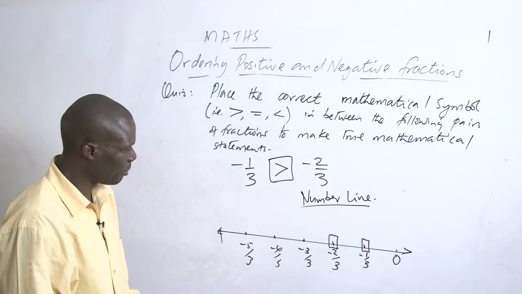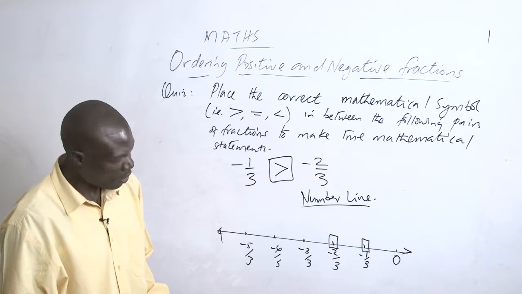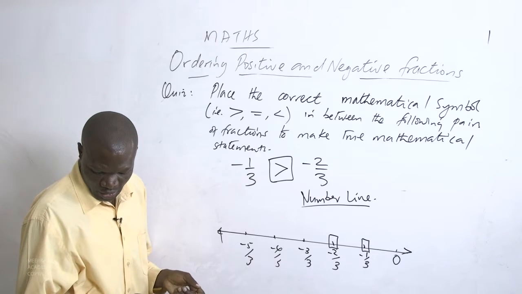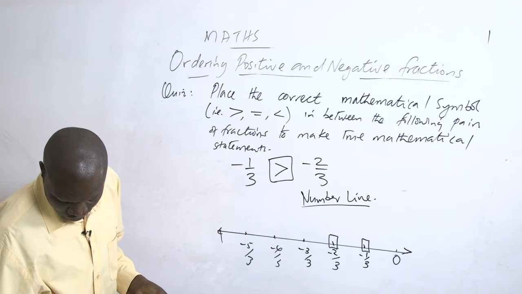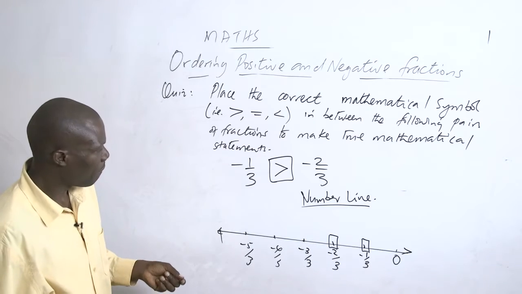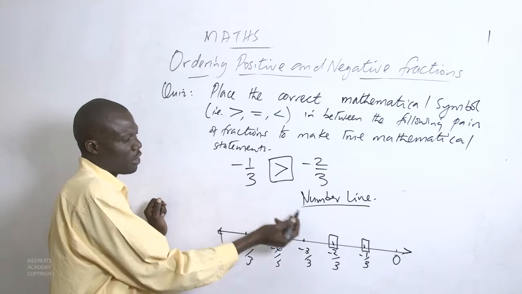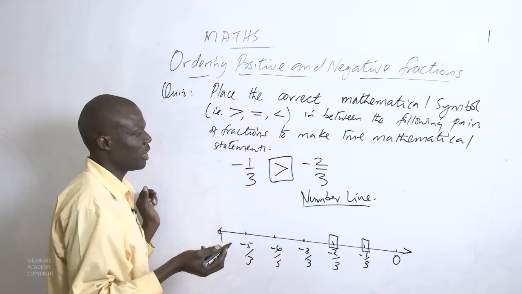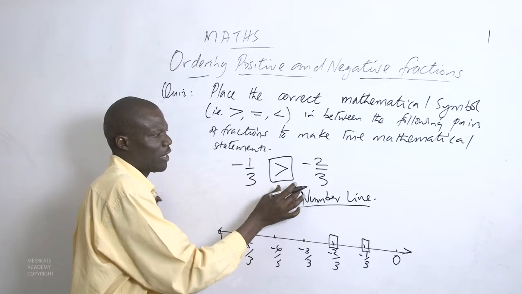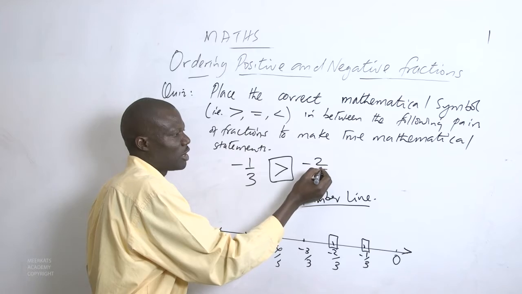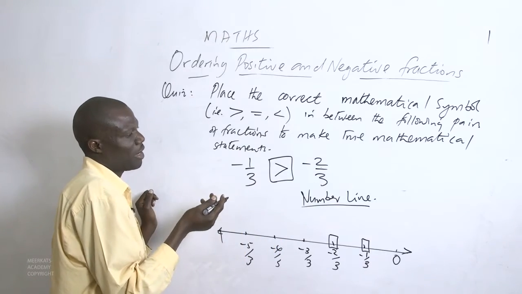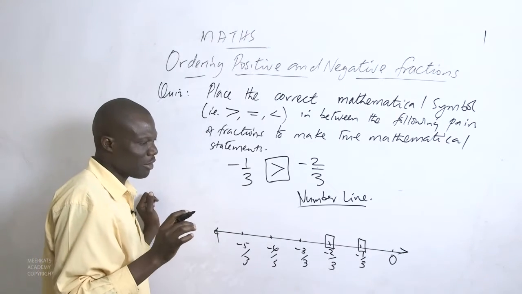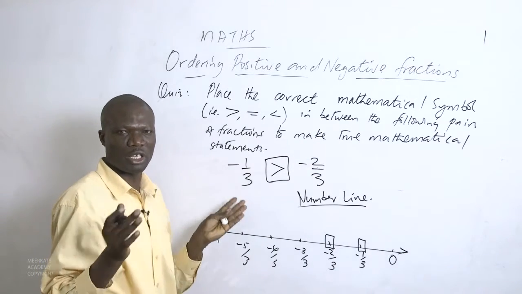Still on the same, if we don't want to use the number line, we look at the denominator, because it is the same. So we don't bother about the denominator, but instead consider the numerator, and the numerators here are -1 and -2. Again, you refer to the number line.